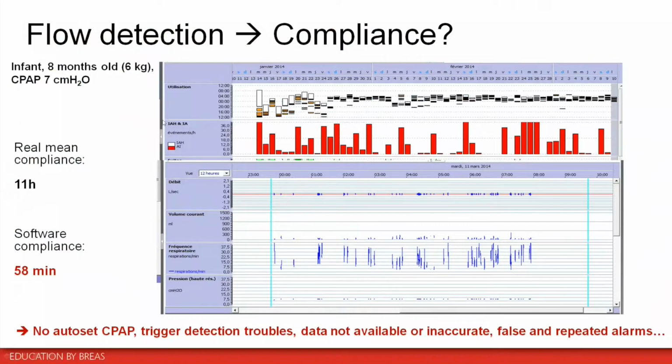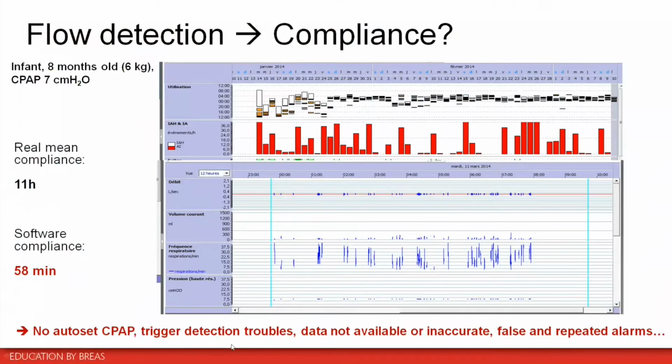Another problem with flow detection is that, as I said before, if you don't have a good flow detection, you won't be able to do auto-set CPAP, just because you need to see the flow, you need to see the respiratory events for the CPAP to increase. And so without flow, there will not be increase of pressure.